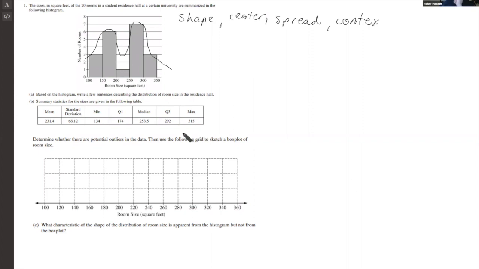In order to determine outliers, do you guys remember the rule of thumb that you want to use for that? It's almost like two formulas.